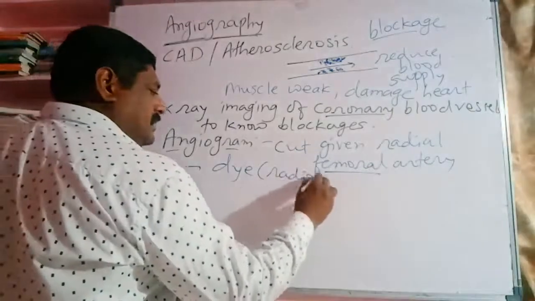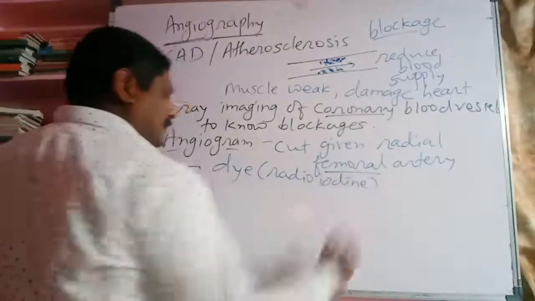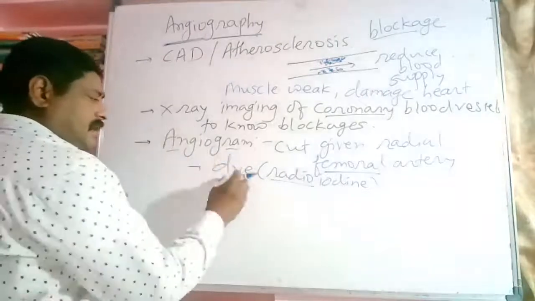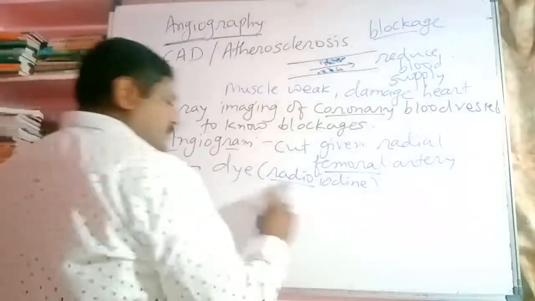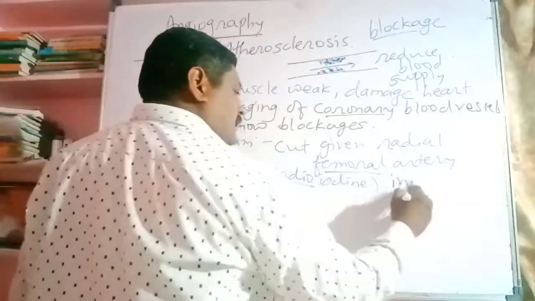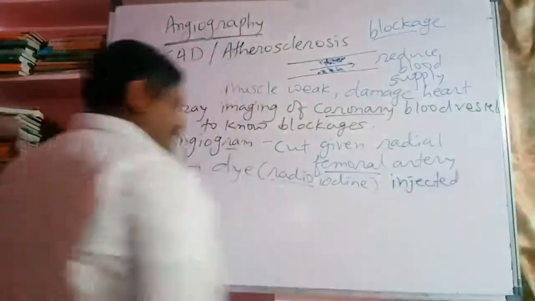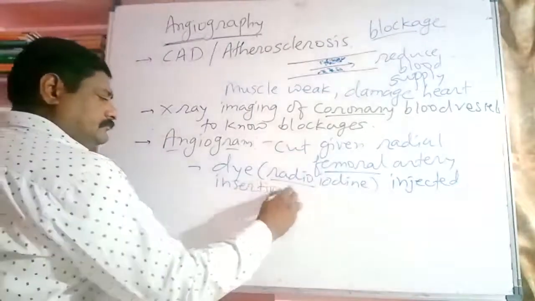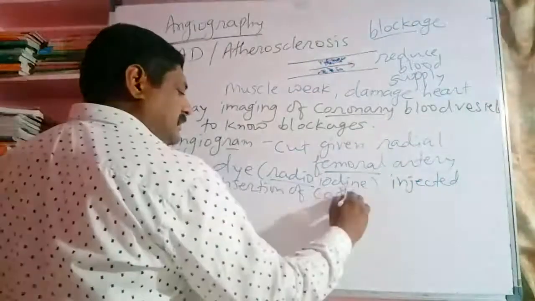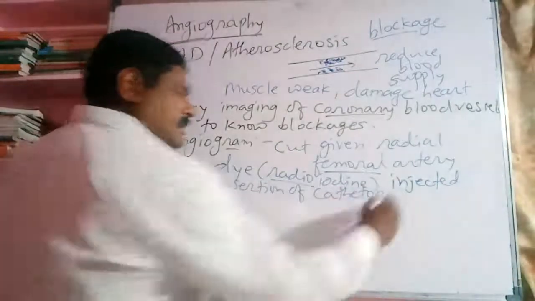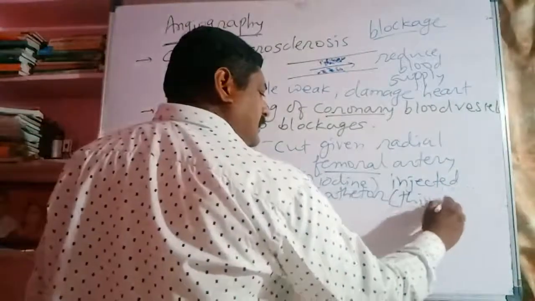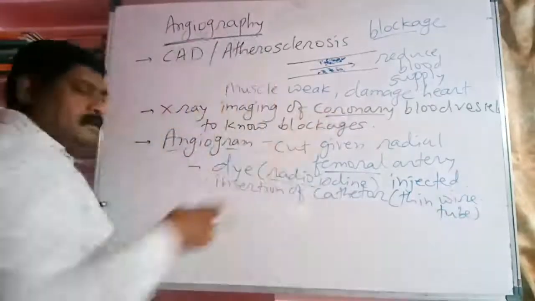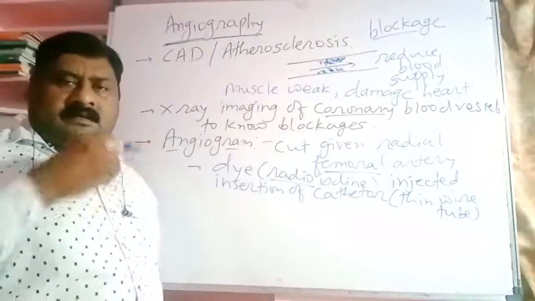particularly radioiodine containing, so that it can be seen by X-ray, is injected into the blood vessel. Also there is an insertion of a catheter, a thin wire tube, up to the heart, up to the coronary artery.